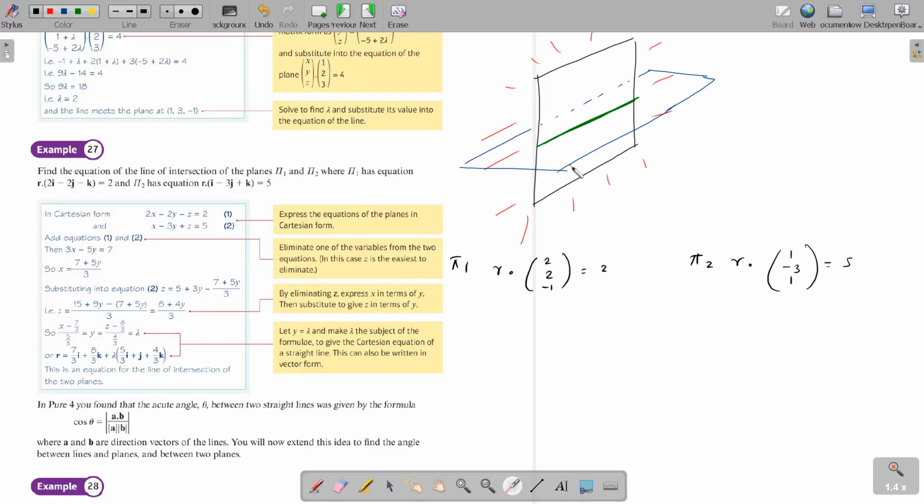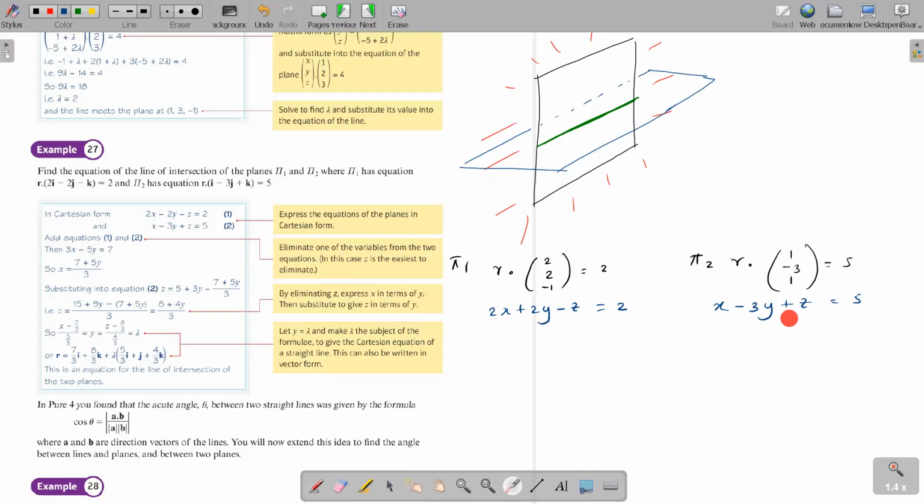So what you do here is you open this. This becomes 2x + 2y - z, because R is (x, y, z), and here you get x - 3y + z = 5. Are you okay with it, children? So you get these two Cartesian equations of the planes.